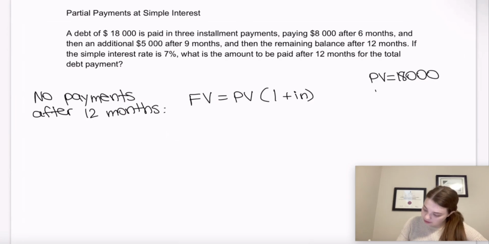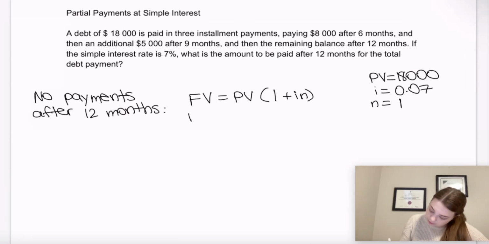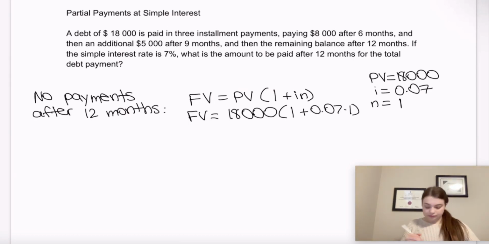Then we have I, which is the interest rate, that's 7%, so 0.07. And then N is the number of time periods, in this case, number of years generally. So I'm just going to put 1 since there's 1 year, there's 12 months here. So therefore, the future value is equal to $18,000 times 1 plus 0.07 times 1.